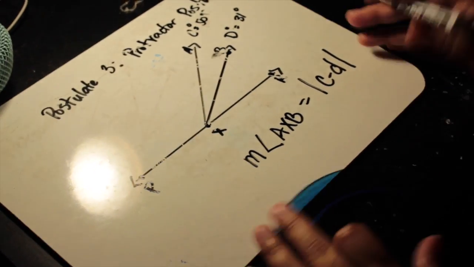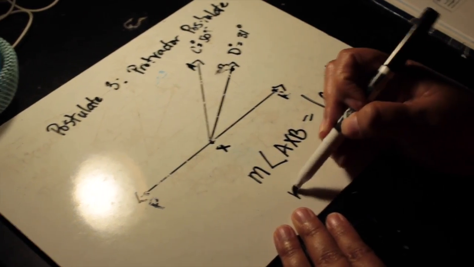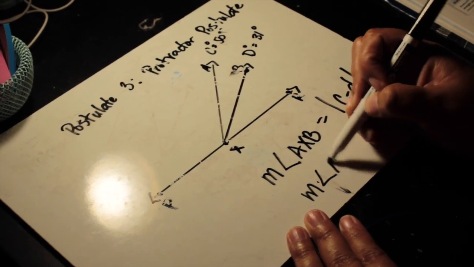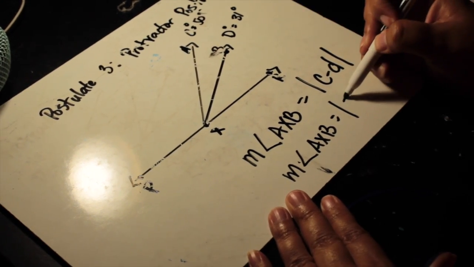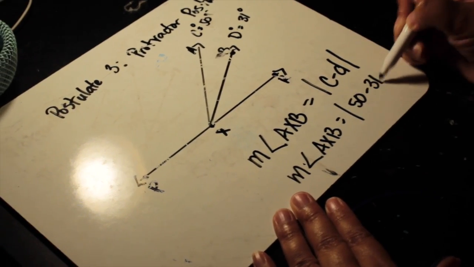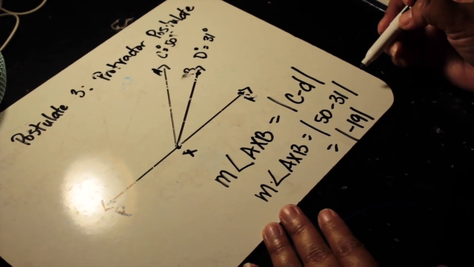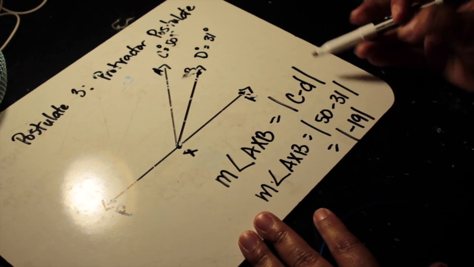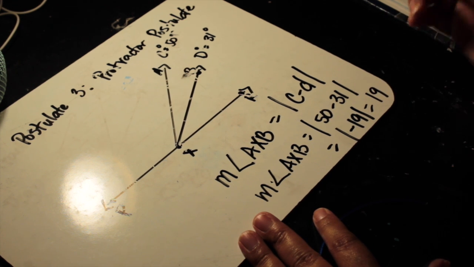So using this formula, what is the measurement of angle AXB? It is equal to the absolute value of 50 minus 31, which is negative 19, and the absolute value of negative 19 is 19.